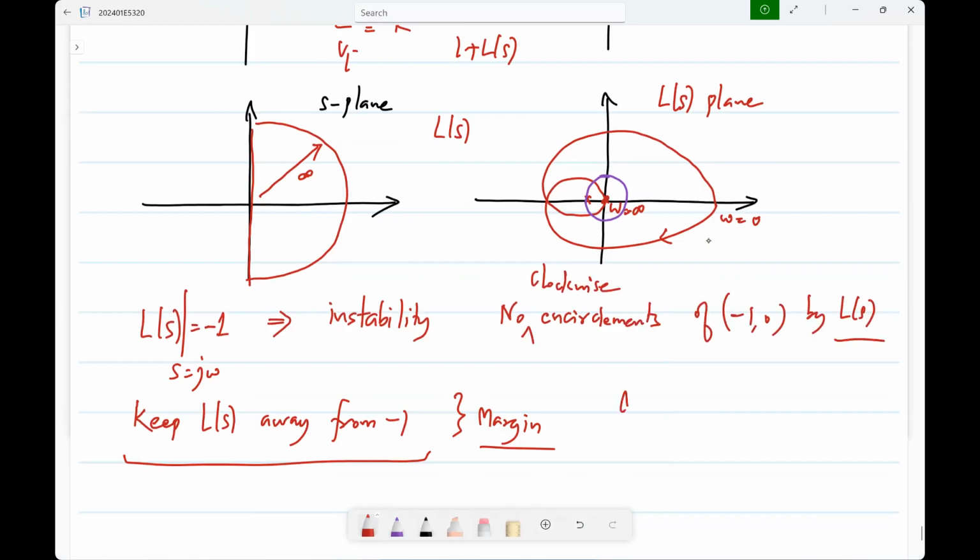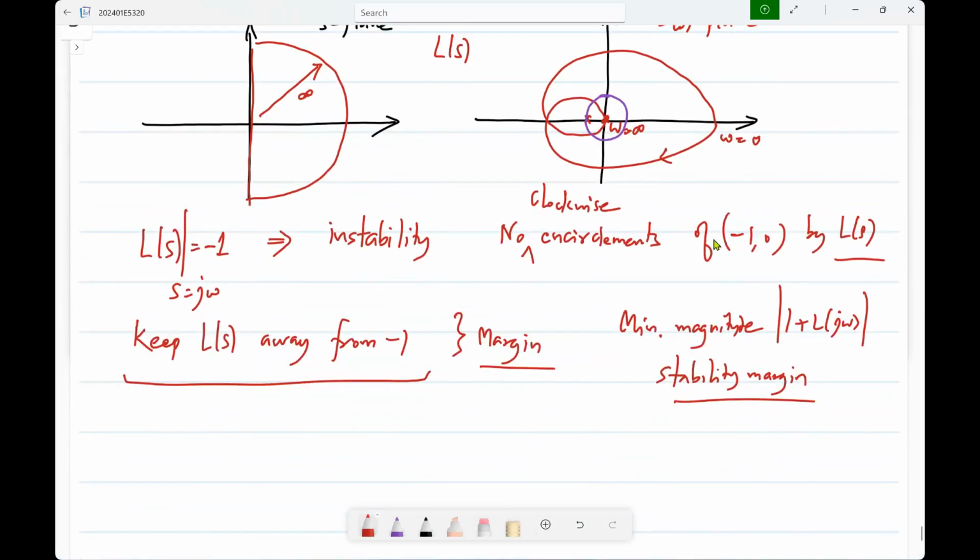One is you just look at the minimum magnitude of this. You can plot this. This is in fact called the stability margin. If you see some control system textbooks, it will be there. This is not what we typically use.